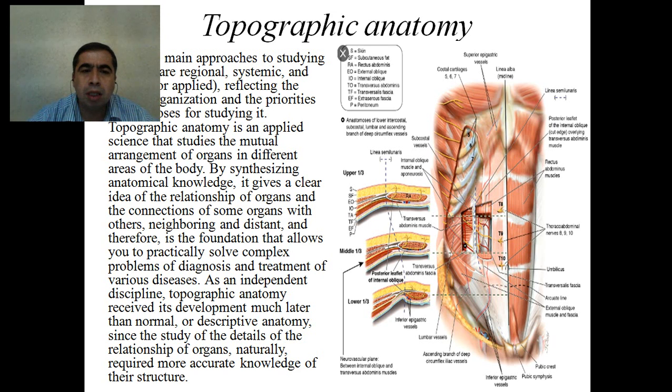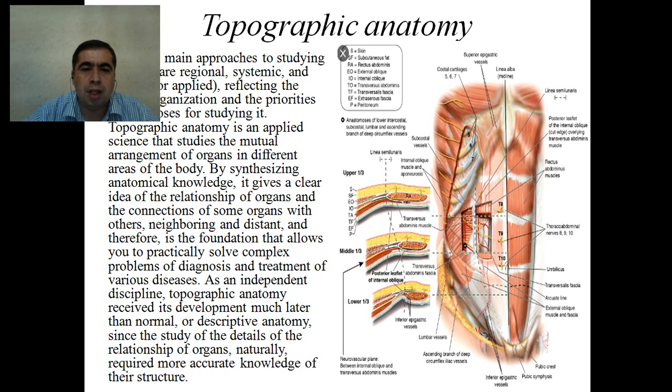For example, digestive system, joint system, respiratory system. Topographic anatomy is an applied science that studies the mutual arrangement of organs in different areas of the body, their relation to each other, not by systems like systemic anatomy, but by regions.